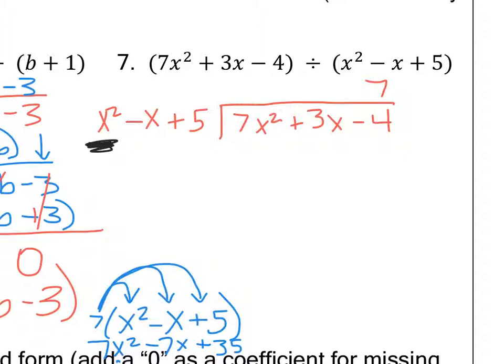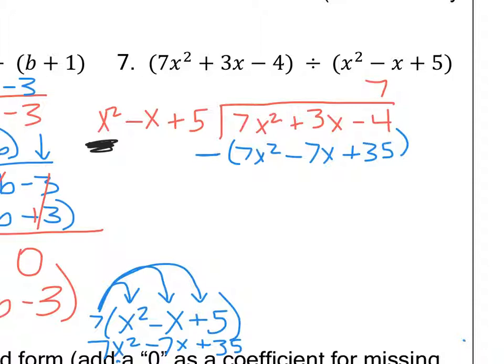Okay, so that's going to go here. I'm going to go ahead and put it in parentheses where I've got 7x squared minus 7x plus 35. Now remember, this is a minus, subtracting this whole polynomial.